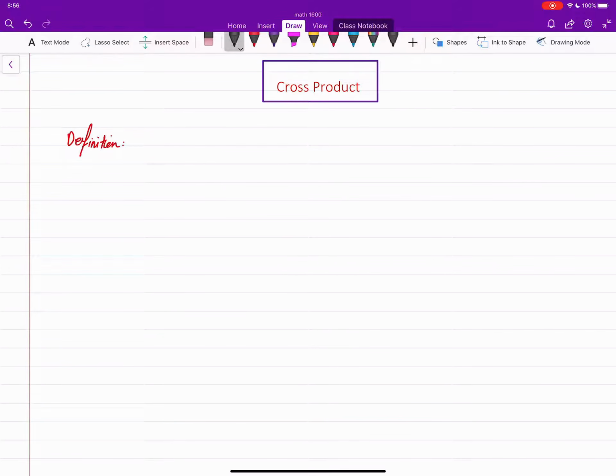The cross product of two vectors u and v, these are vectors from R3, so u has three components and v has three components.